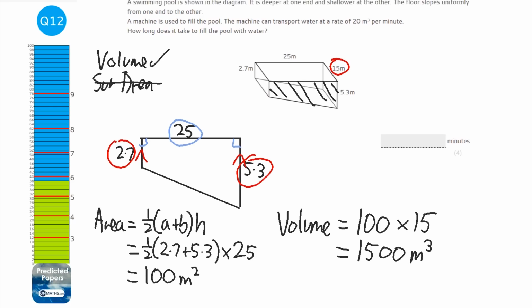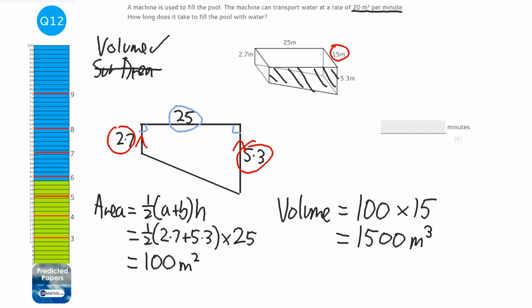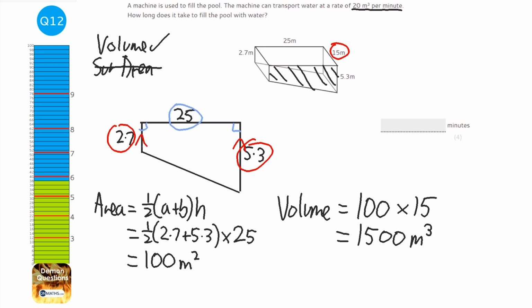So that's what the volume is, and it says the machine transports the water at a rate of 20 meters cubed per minute. So in 1 minute it's going to be 20, in 2 minutes 40. The other way of thinking about this is, how many 20s are there in 1,500?